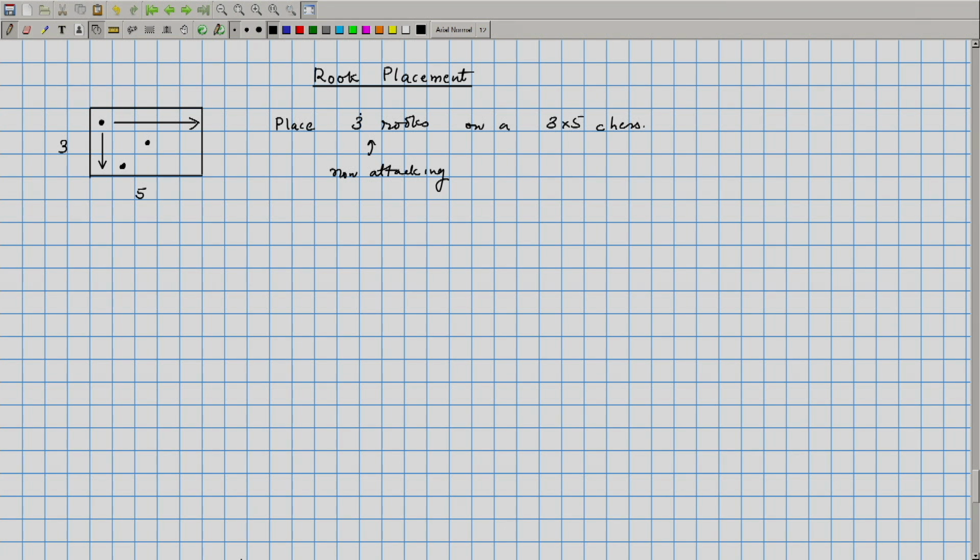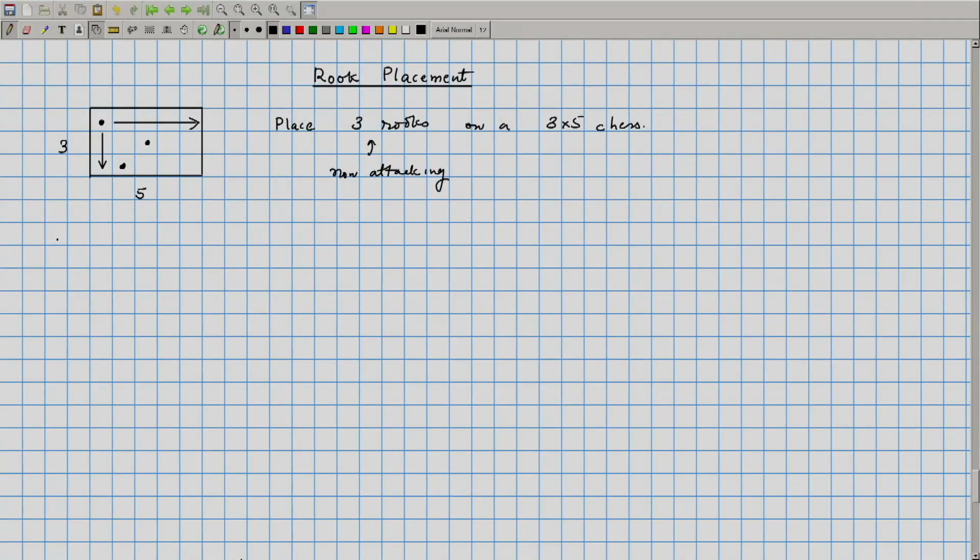The maximum number of rooks that we can place is going to be 3, because there are only 3 rows, and if we place more than 3 rooks, some row is going to contain more than 1 rook, and those are going to be attacking. So, our objective is to count the number of ways of placing non-attacking rooks on a board.